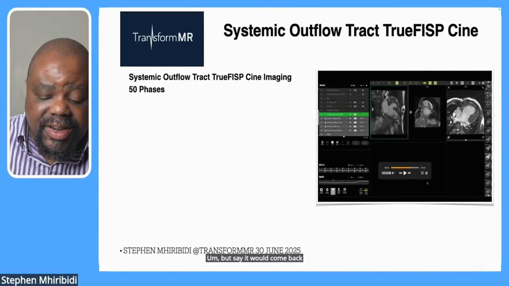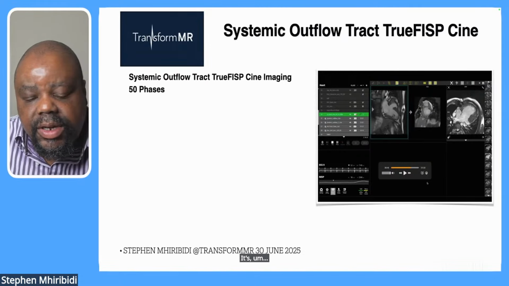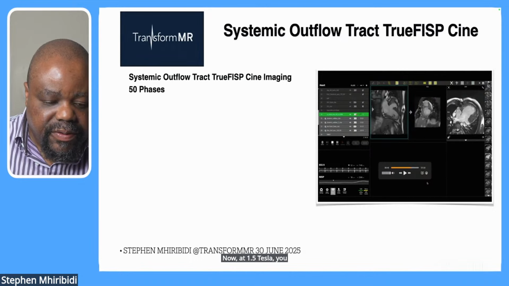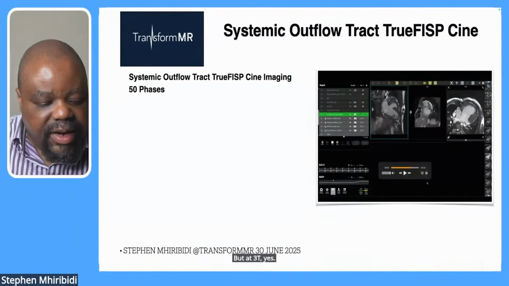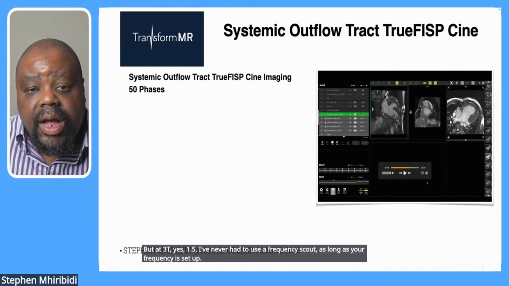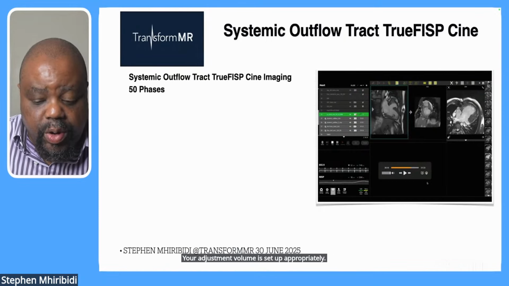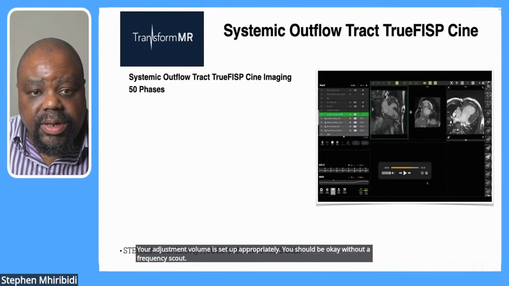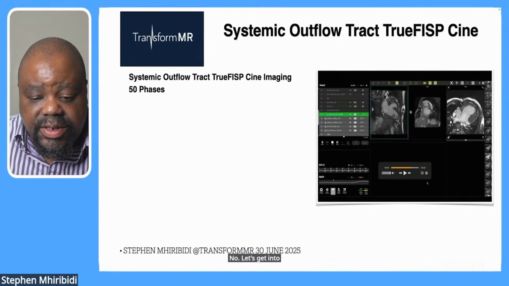I'd forgotten the name. It's a frequency scout. Now, at 1.5 Tesla, you never need to do a frequency scout, really. But at 3T, yes. At 1.5, I've never had to use a frequency scout. As long as your frequency is set up, your adjustment volume is set up appropriately, you should be okay without a frequency scout. Now, let's get into the planning for the systemic outflow tract.